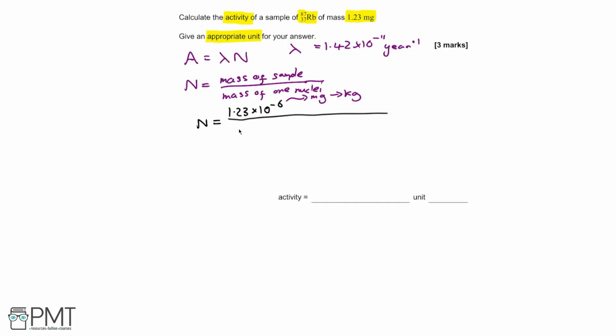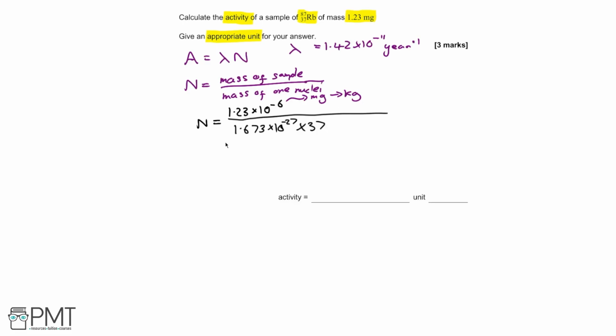So in order to calculate this, we need the proton mass, which is 1.673 times 10 to the minus 27 kilograms. The reason that we converted to kilograms up here is because the units for the proton mass and the neutron mass, which we're going to use in a second, are also in kilograms, and we want those units to cancel. So that is multiplied by the number of protons in the sample, which is 37.